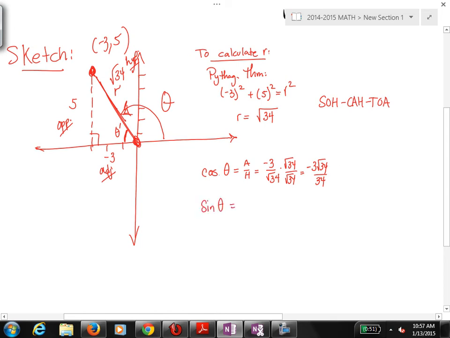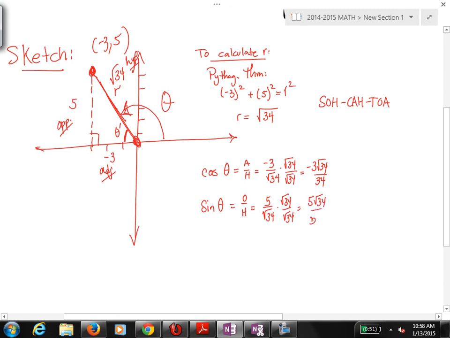Sine of theta, even though theta is over here, we use this right triangle with the reference angle. Sine of theta is going to be opposite over hypotenuse. Opposite is what? In this case, 5 over square root of 34. So multiply by the square root of 34 over the square root of 34.